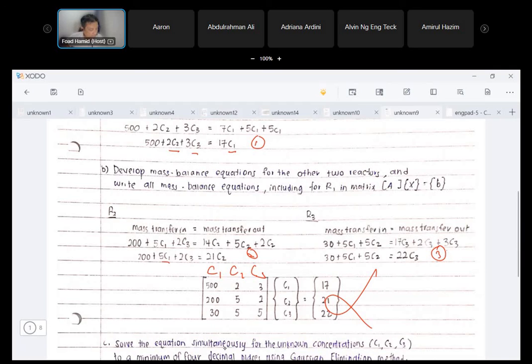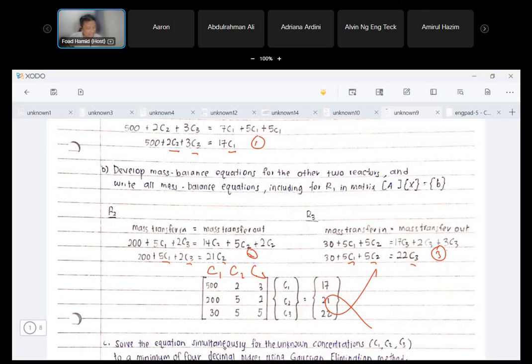Again, this one is C1, C2, and C3. So what do you think is the mistake here? Anybody? Matrix. Excuse me? The element of the matrix should be C1, C2, and C3. Yeah. Okay, Abdul Rahman, you are correct.